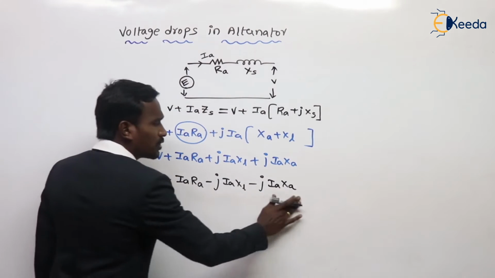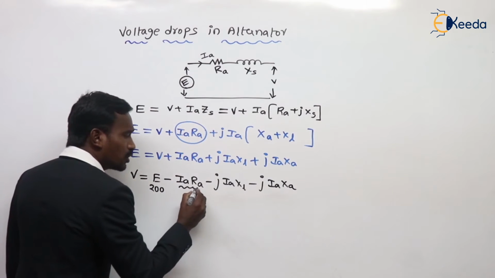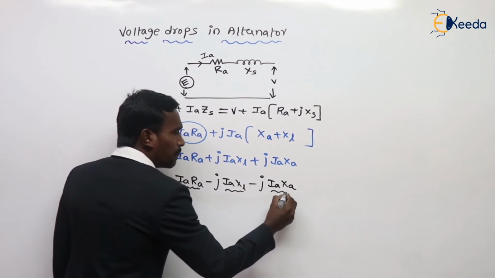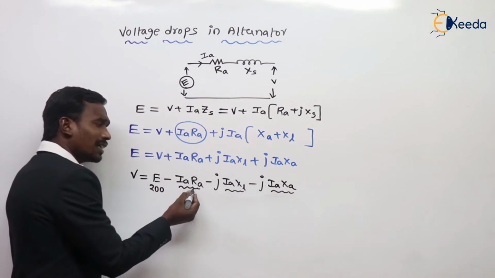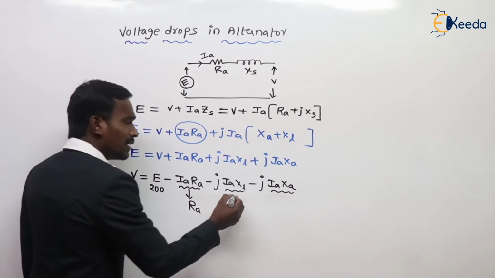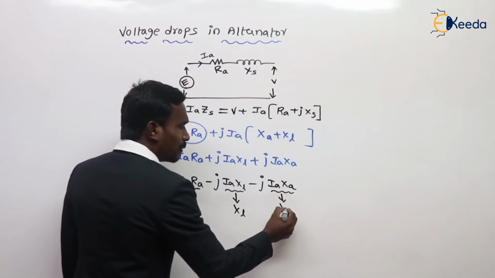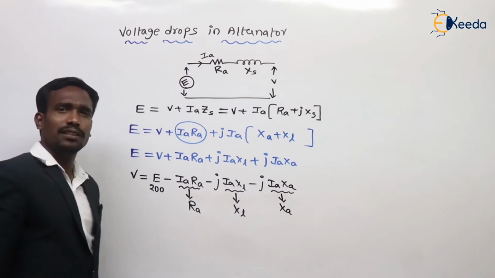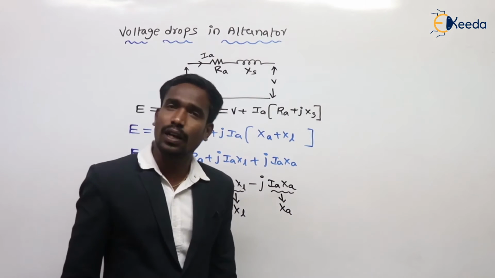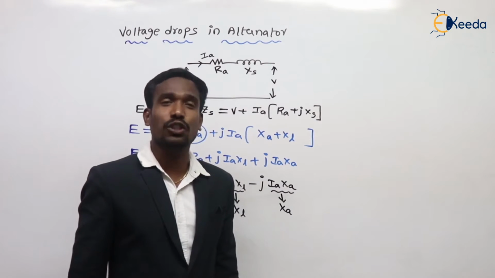How much voltage is dropped here? The voltage drop is due to one, the armature resistance, another, the leakage reactance, and another, the armature reactance. These are the three factors for voltage drop in our synchronous machine.